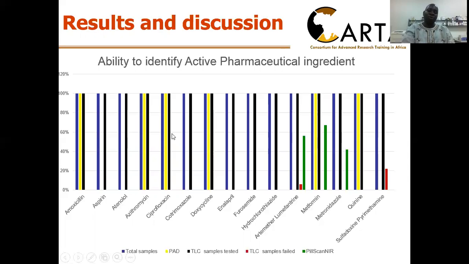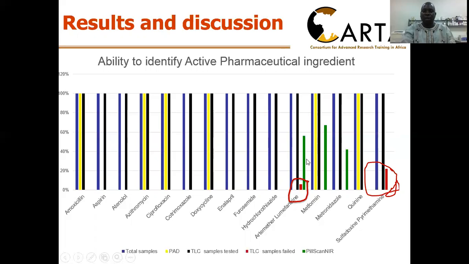And the mini lab, the green lines, were the ones where you can only assess fewer samples. In terms of the TLC, the mini lab, apart from identifying the active ingredient, the TLC was also able to semi-quantitatively assess whether the content in those active tablets was within the range or not.